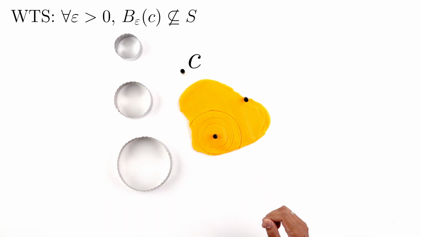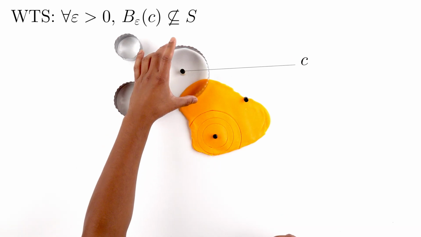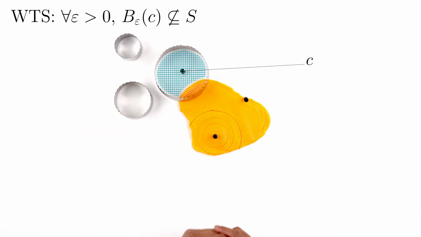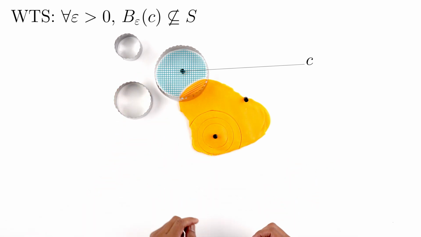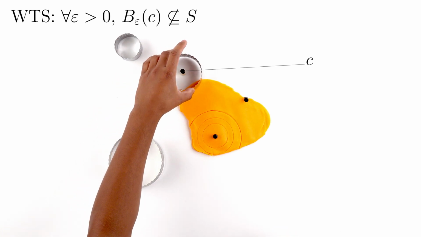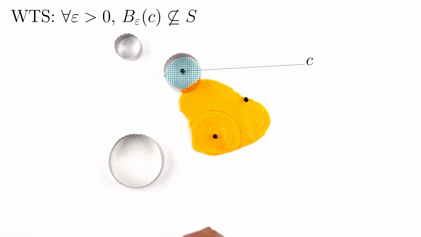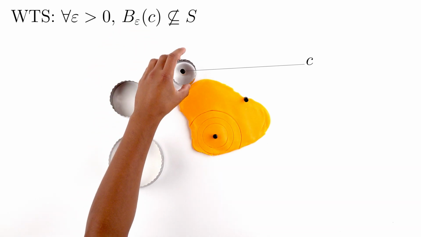So let's test this out. If I put this open ball centered at C, it does not lie inside S. Neither does this small open ball, and neither does this one.